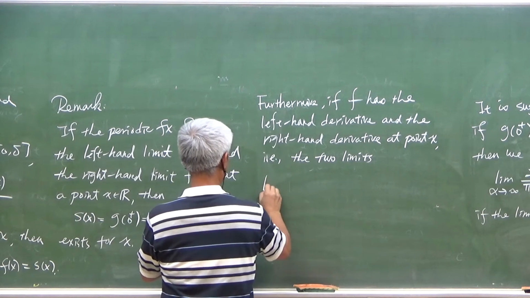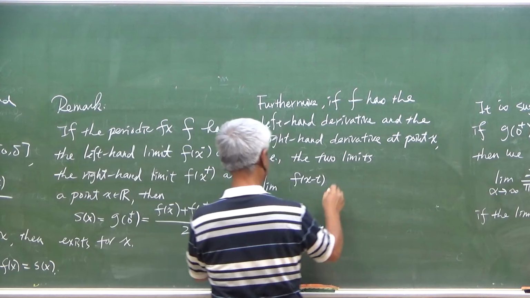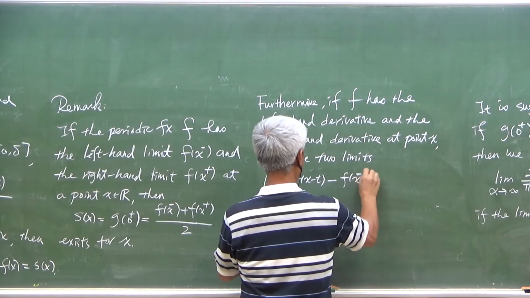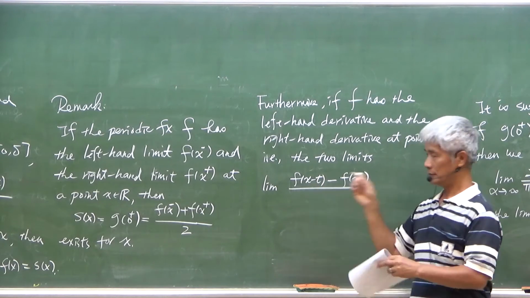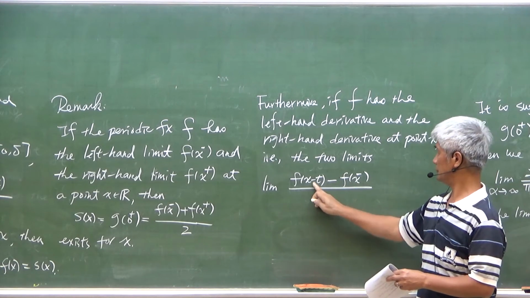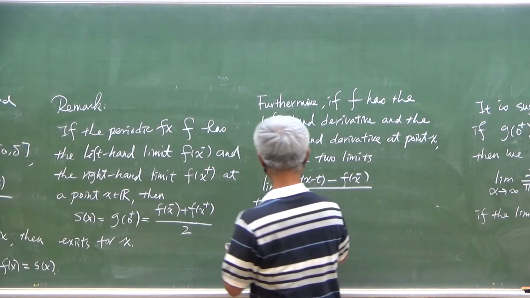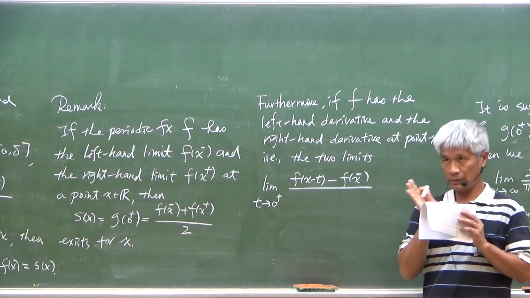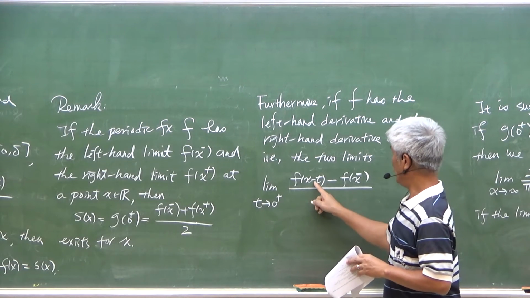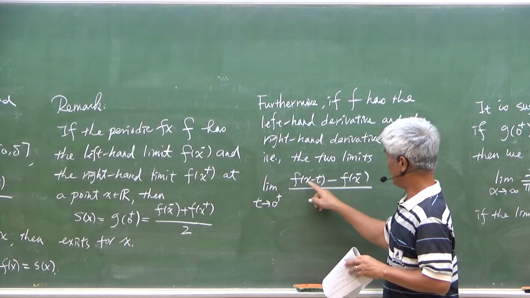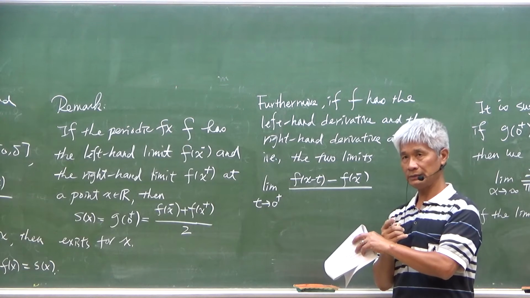We take the derivative from the left-hand side, with t going to 0 plus, so t is always positive. We approach x from the left-hand side of x.